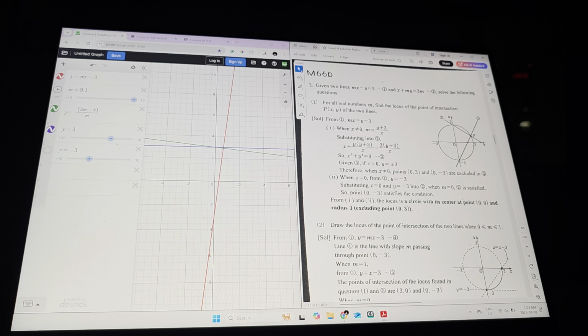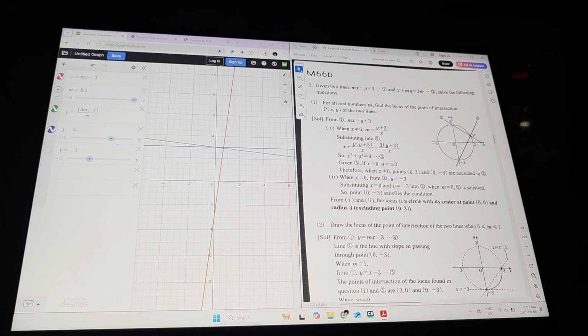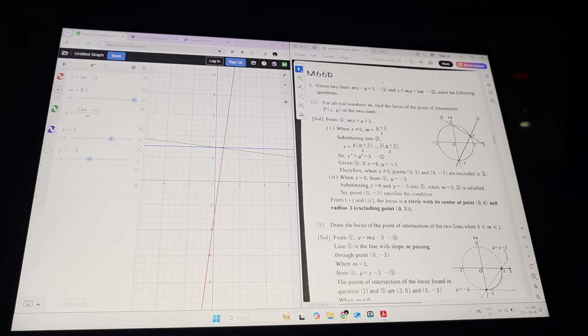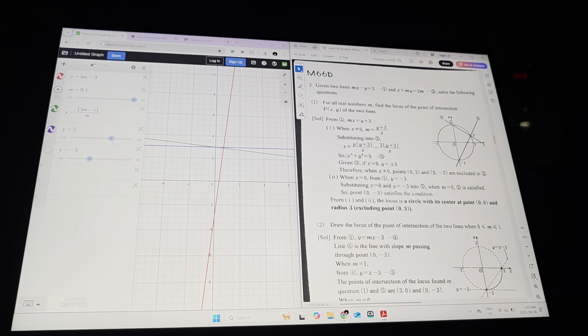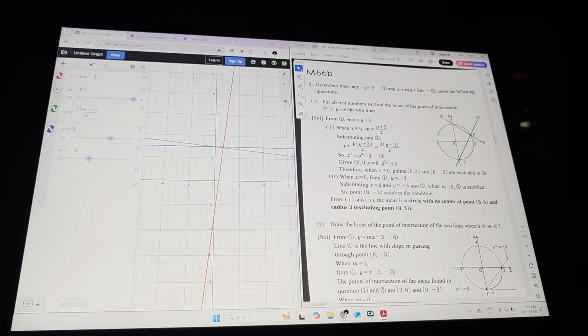But since x cannot be 0 in this case, it might be a little bit complicated here, but if you sort out the understanding, I'm analyzing when x is not going to be 0. However, when I change the shape of the equation into x squared plus y squared equal to 9, I'm going to assume which points are the exclusive points that need to be excluded in my operation.